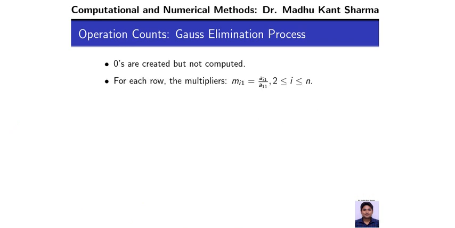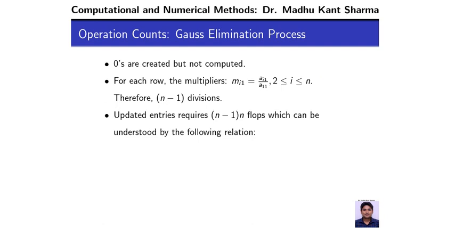Zeros are created, so for each row we have a multiplier, and these are n minus 1 in number. We are talking about the first step, therefore n minus 1 divisions. Updating the entries requires n into n minus 1 flops, which can be understood by the following relation.